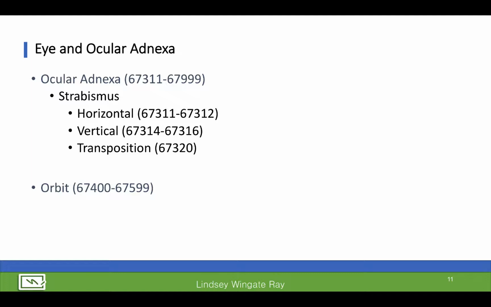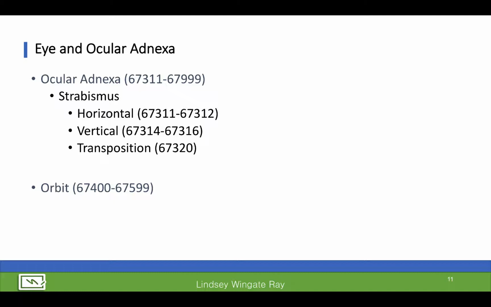A coordinated effort of all muscles is required to indicate eye movements, like of a batter attempting to hit a 90-mile-per-hour fastball. Strabismus is a lack of parallelism of the visual axis of the eyes. Strabismus surgery in this section is grouped into that performed for the horizontal 67311 through 67312 and the vertical 67314 through 67316 muscles.